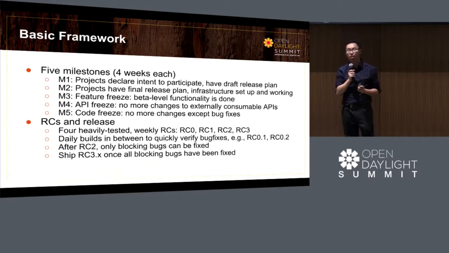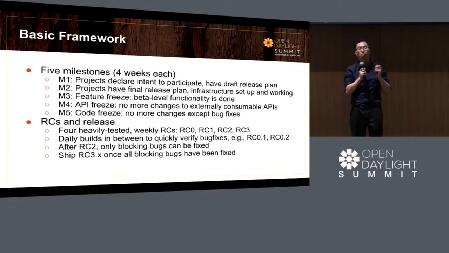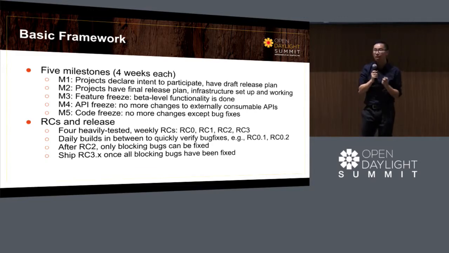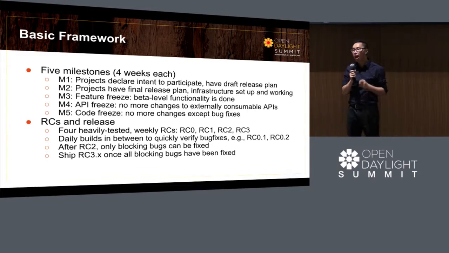In the release development stage, we break it up into what are called milestones. And each milestone represents a logical checkpoint in our release process. The first being who wants to participate, followed by finalizing your release plan, then freezing your features, freezing your APIs and architecture, and freezing your code.